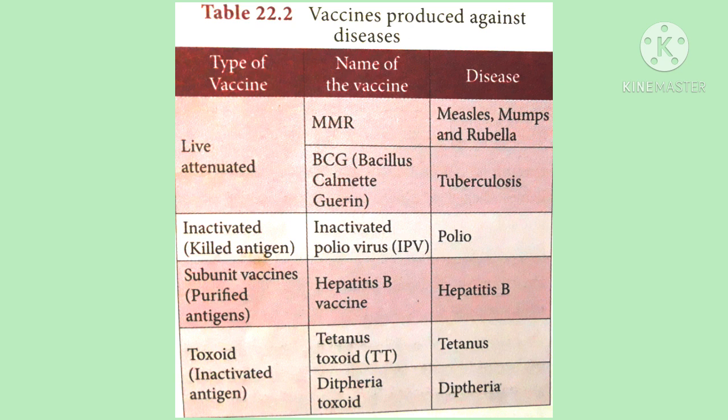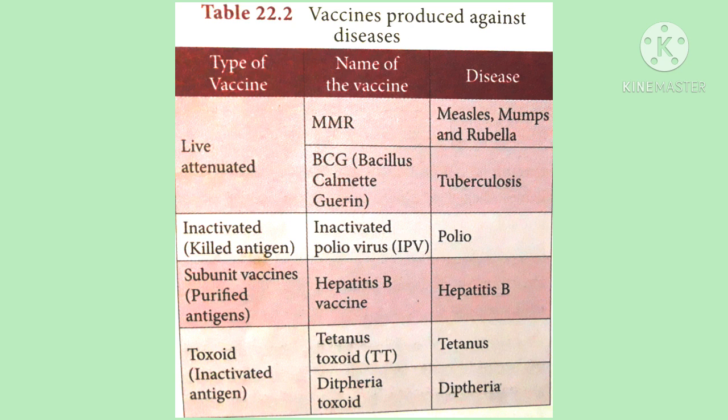So, from the live attenuated vaccines, MMR helps to cure the diseases measles, mumps and rubella. BCG helps to cure the disease tuberculosis. Inactivated poliovirus helps to cure the disease polio.